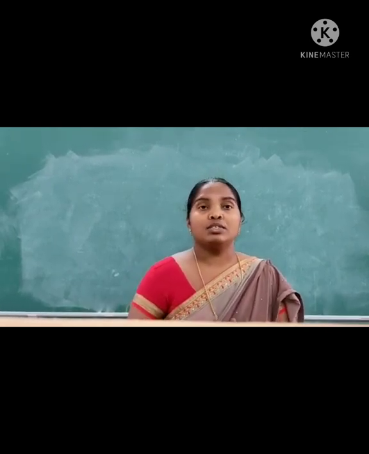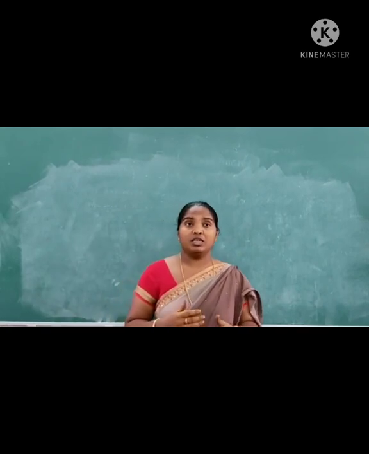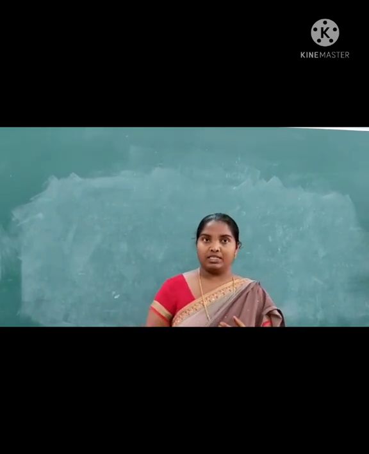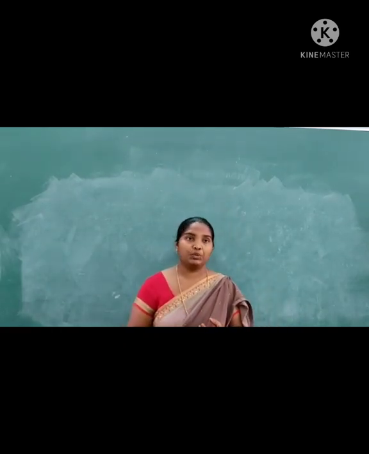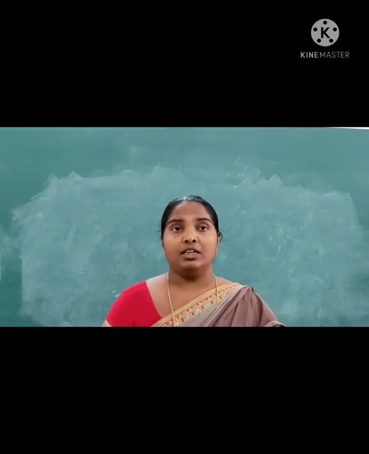So, sources of roughage. You already know which types of vegetables and fruits contain roughage: apples, sweet potato or plain potato, pumpkins, papayas, bran, berries, palak.